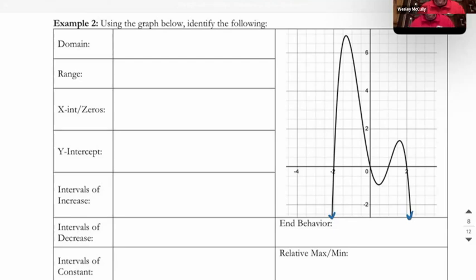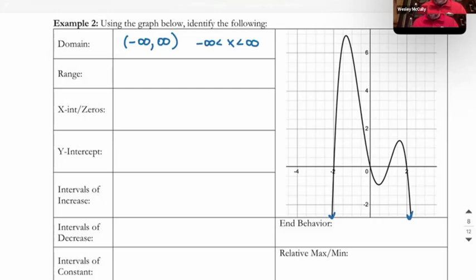It's going down much faster than it's going to the left, but it is going to the left forever and ever. So this domain includes all real numbers, which in interval notation we denote with -infinity to +infinity. And in inequality notation, that is all the x's that are between -infinity and +infinity. So we say -infinity is less than x is less than infinity.